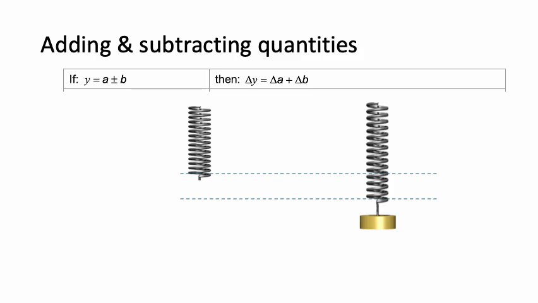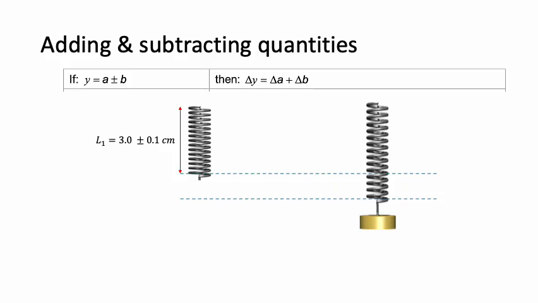As an example, we might say we want to find the extension of a spring. So we measure the length of the spring when it hasn't got any mass hanging from it, and we get 3 centimeters, but of course that's always got an uncertainty. So 3 plus or minus 0.1. 0.1 centimeters is the absolute uncertainty.